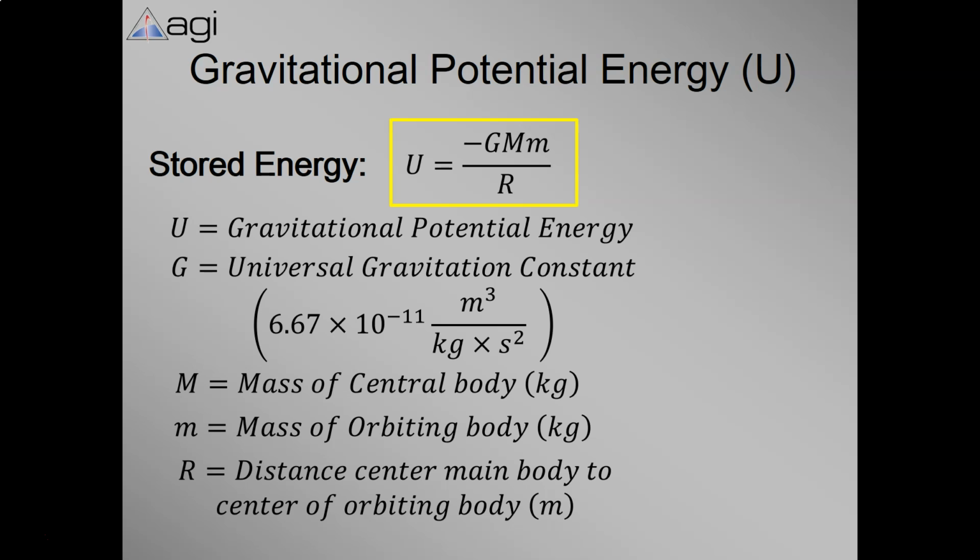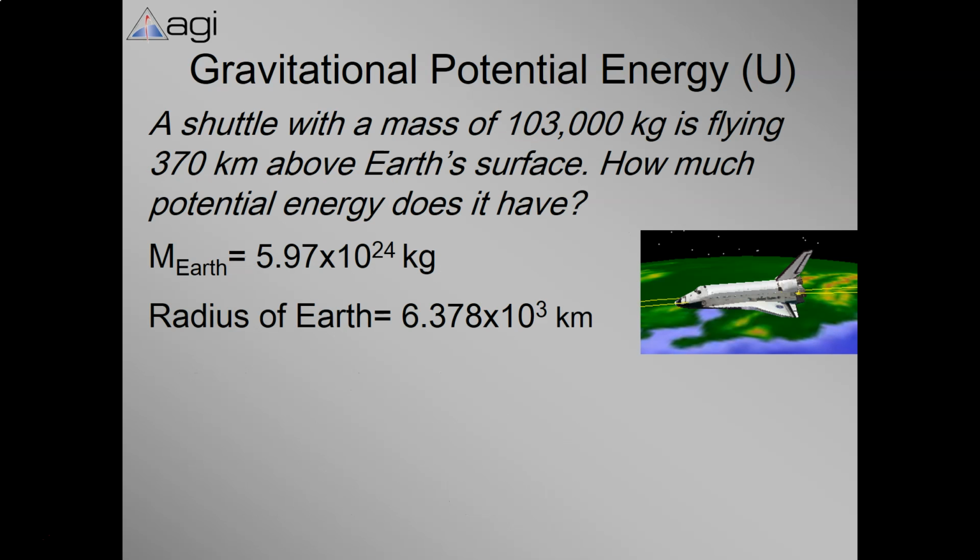All right, let's break this down with an actual problem. A shuttle with a mass of 103,000 kilograms is flying 370 kilometers above Earth's surface. How much potential energy does it have? We have to know some things about the Earth.